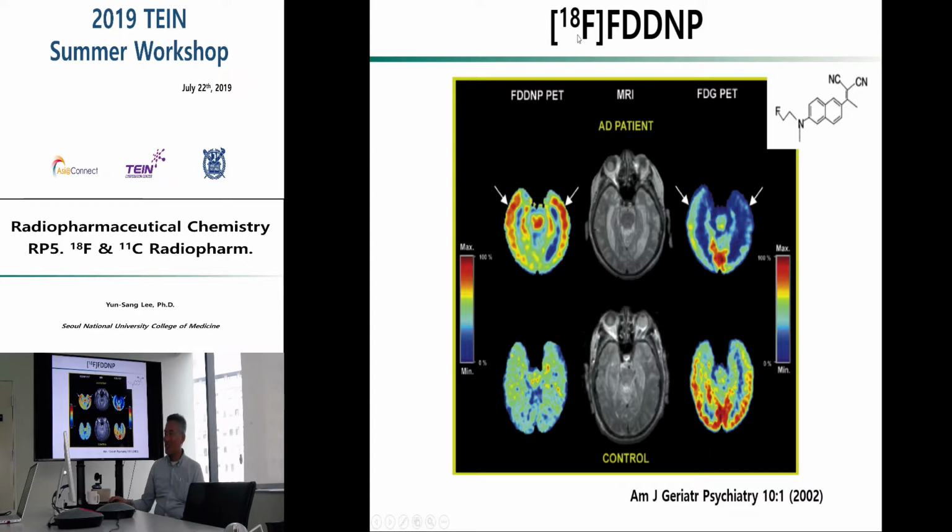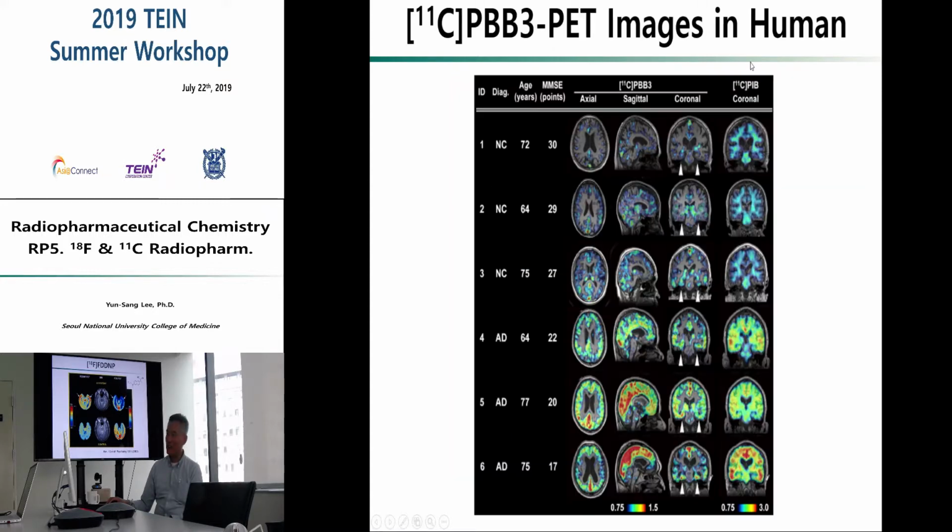So I think this is the failure of that strategy. And on tau imaging, I think the first clinical tau imaging was from NIRS in Japan. They made C11 labeled PBB3.